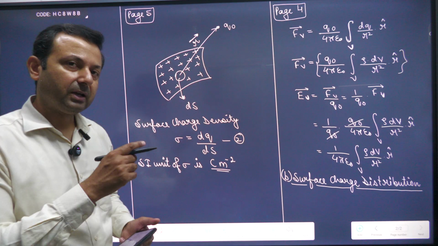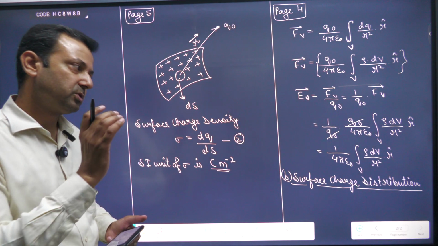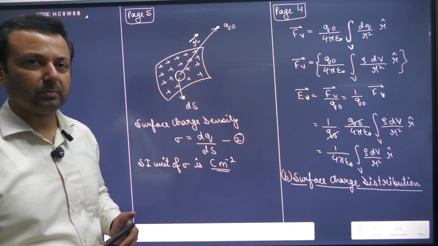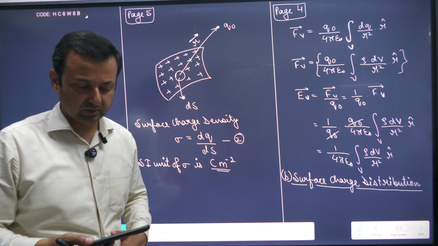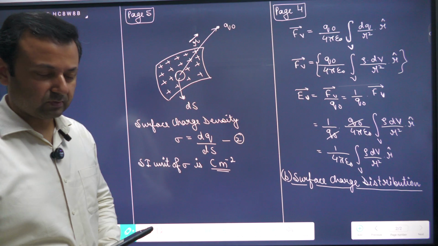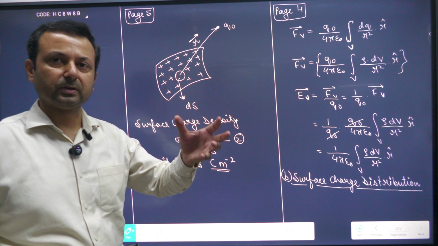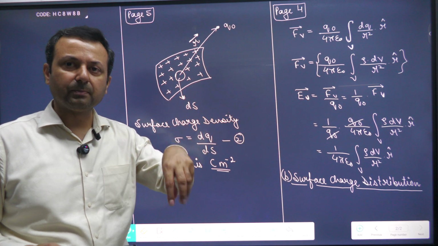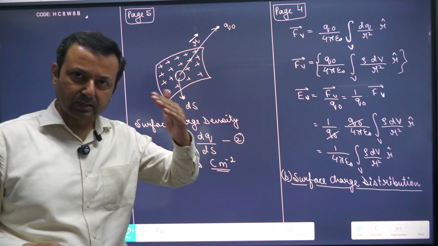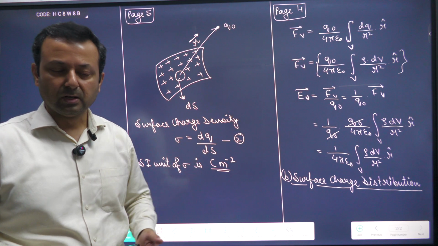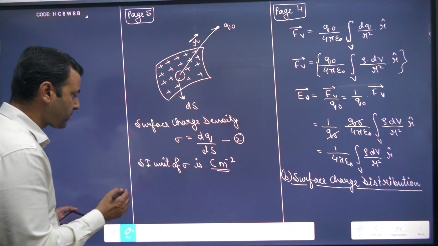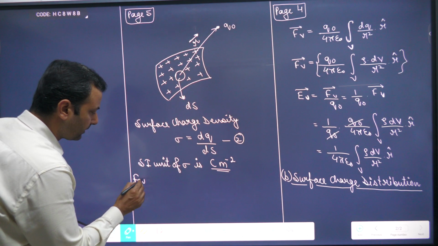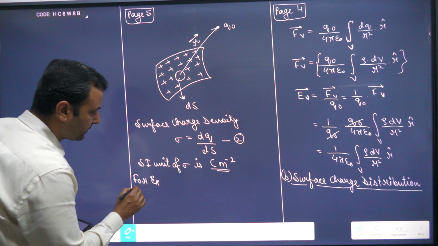Now, as we took an example of a sphere earlier, in a similar way we will take an example here. For example, if a charge Q is uniformly distributed over the surface of a spherical conductor, the charge is not filled up inside the sphere; it is distributed over the surface. So what is the formula for the surface area of a sphere?